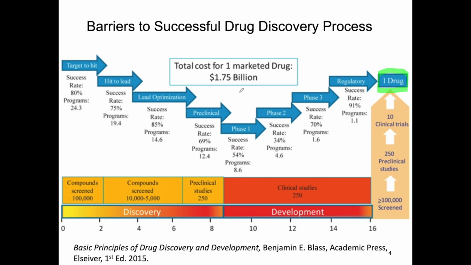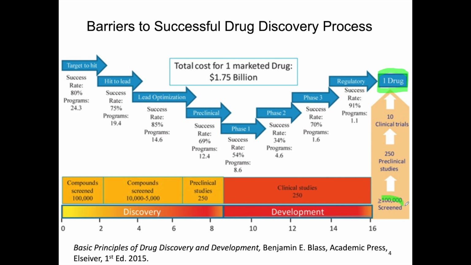Another way to consider the barrier to the drug discovery process is the timeline. So along the bottom here we have from 0 to 16 years. It's split approximately into the first just over 8 years of drug discovery, and then the latter half will be the drug development process. You can also split the drug discovery process into the number of compounds that one has to screen to get a successful drug.